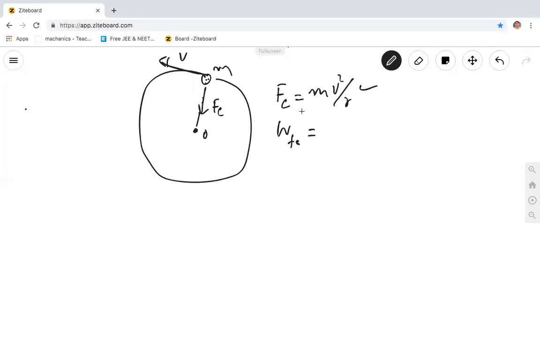Whatever may be his question, I can make out what he says. My answer is zero. Why? Because the angle between velocity and force is 90. The velocity direction is also the displacement direction. Velocity and displacement have the same direction.